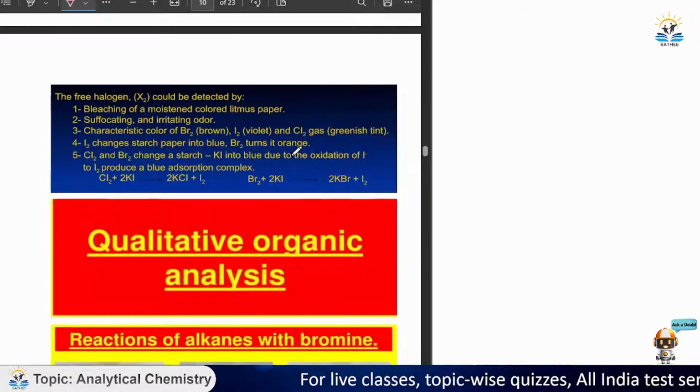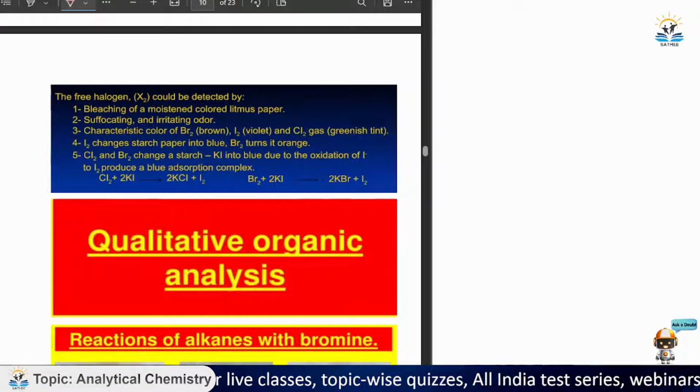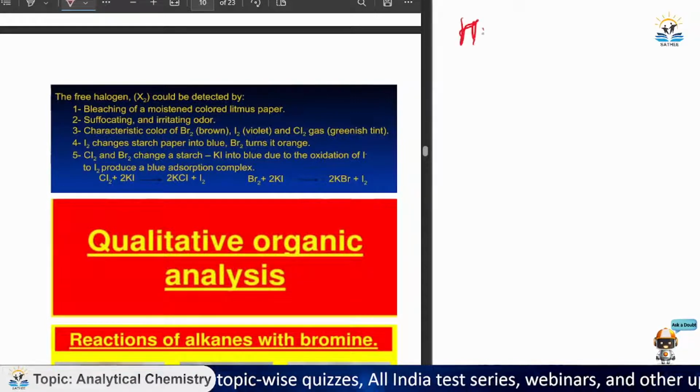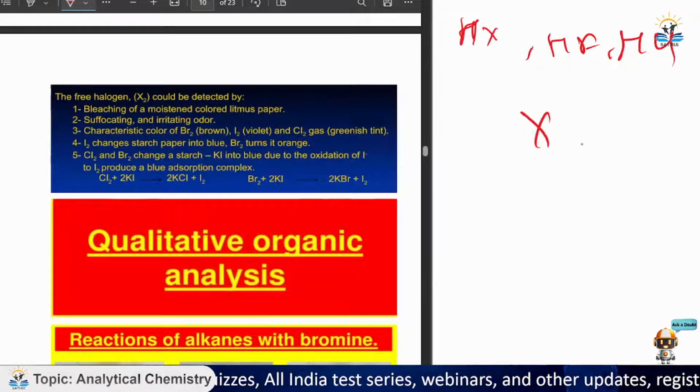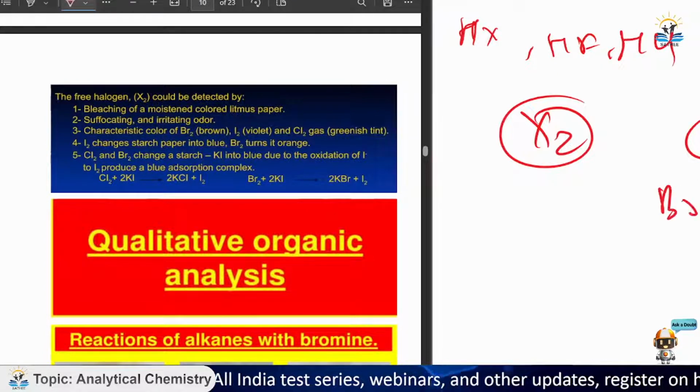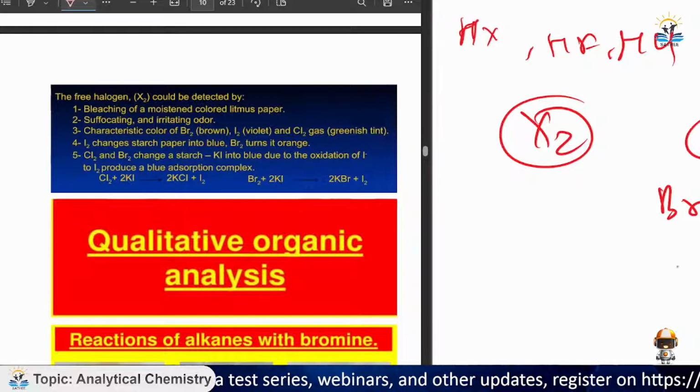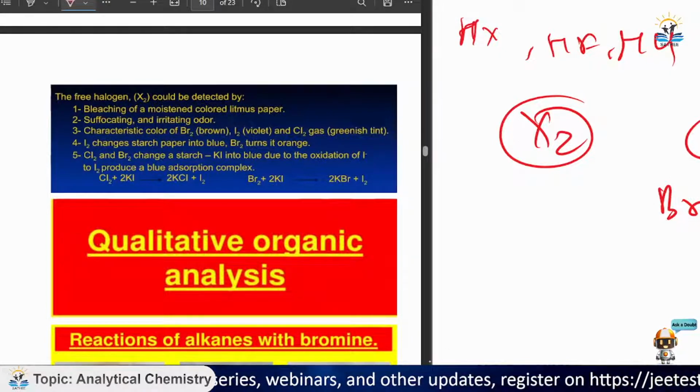Now, talking about the free halogen, not HX like HF or HCl, but X2, like Cl2, Br2, I2.